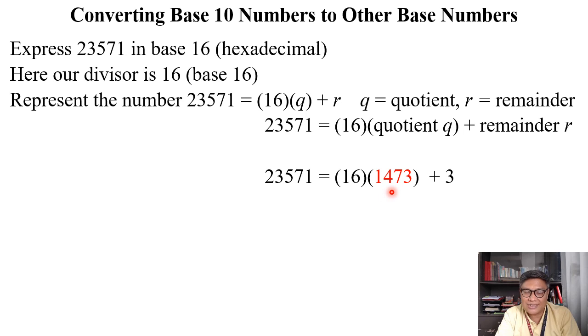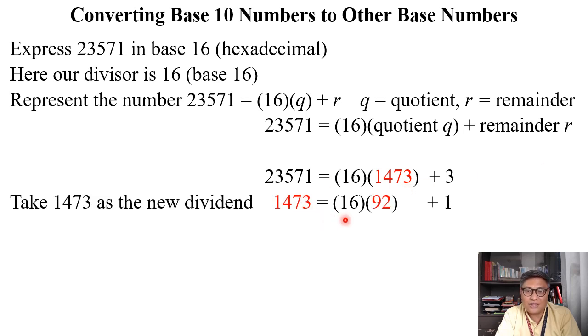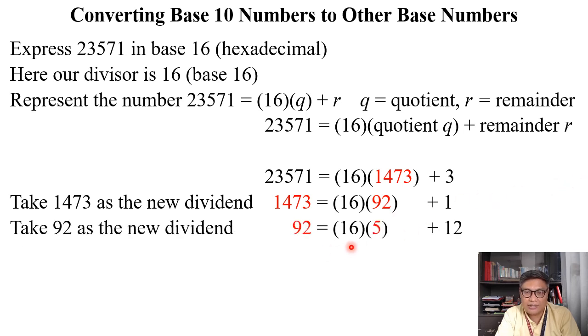Because the quotient is not yet 0, we take 1,473 as the new dividend. Then continue dividing it again by 16. We have a quotient of 92. This time the remainder is 1. Then 92 is not yet 0, so continue dividing 92 by 16. The quotient is 5, but the remainder is 12.